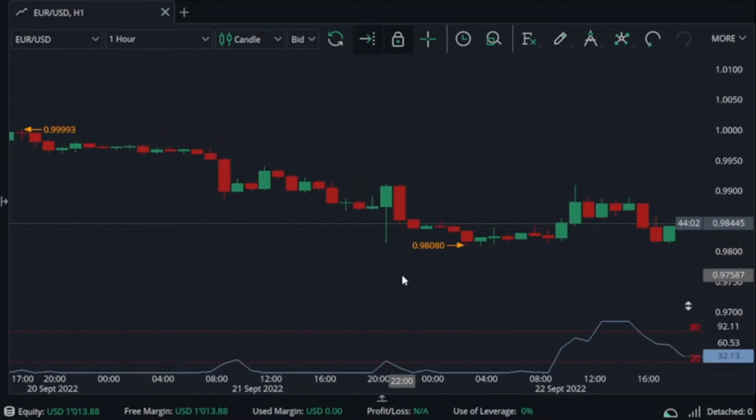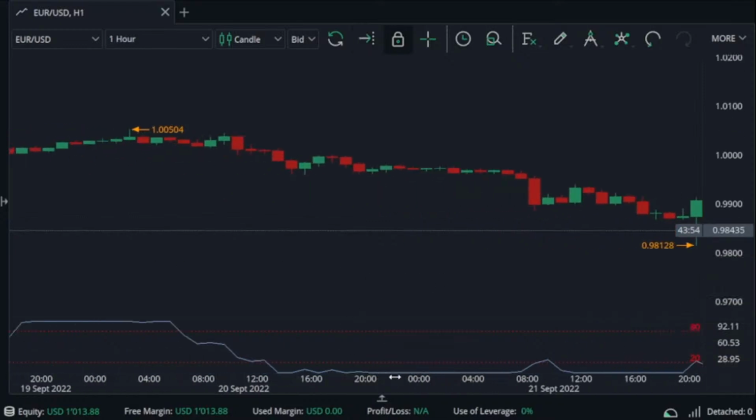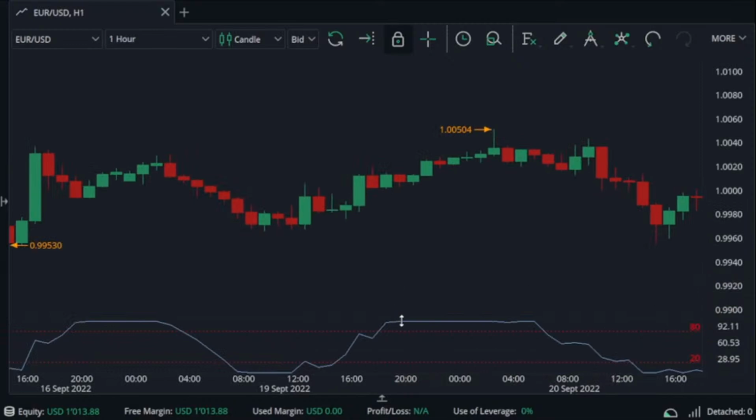So when we have the Euro USD bearish and that momentum is quite strong and we are not really seeing much of a sign of turnaround, we will have this output of the LRSI continuously close to zero or exactly at zero. And when we have bullish momentum for the Euro USD, we will have this output at around 100.